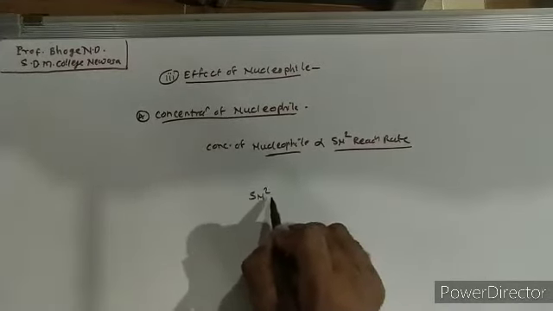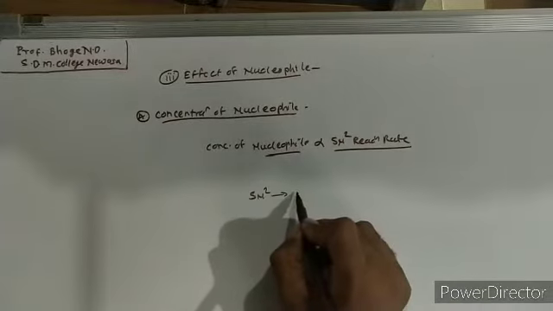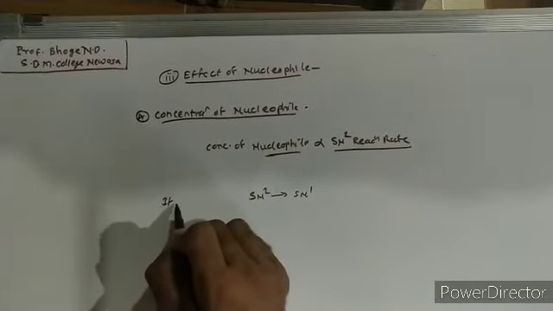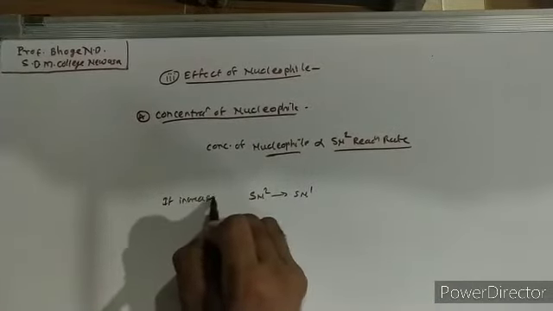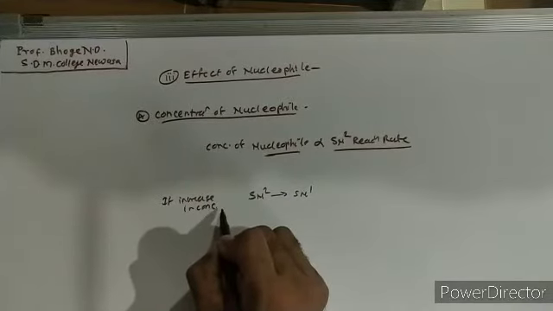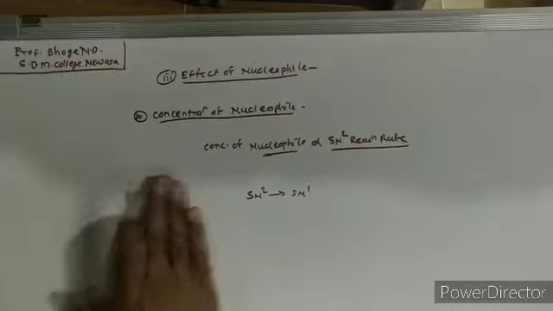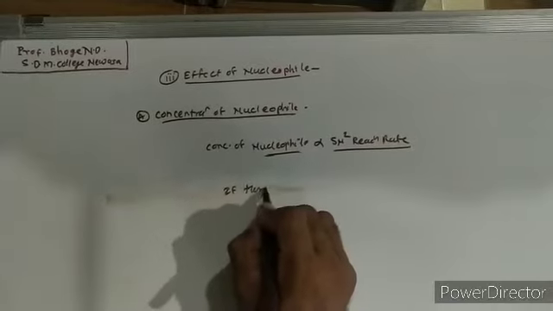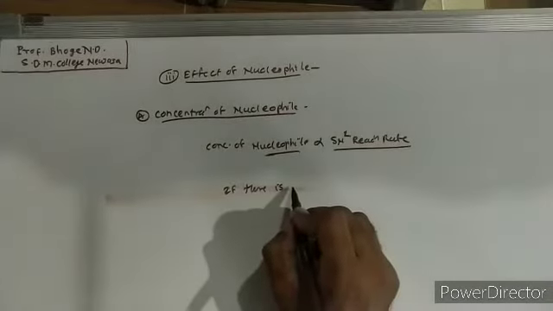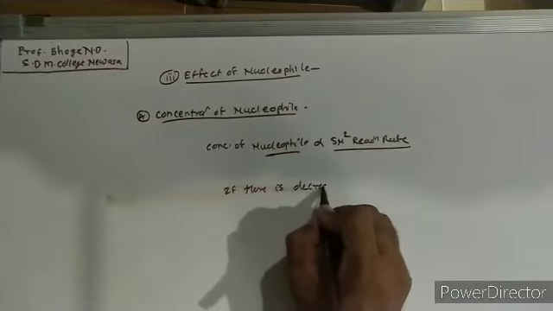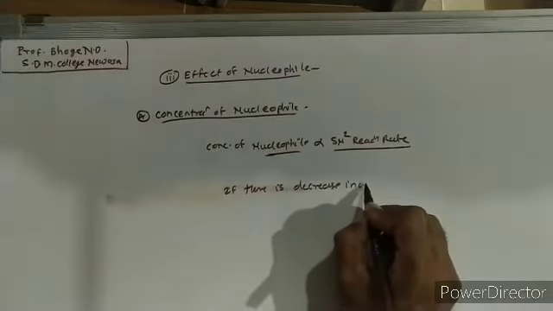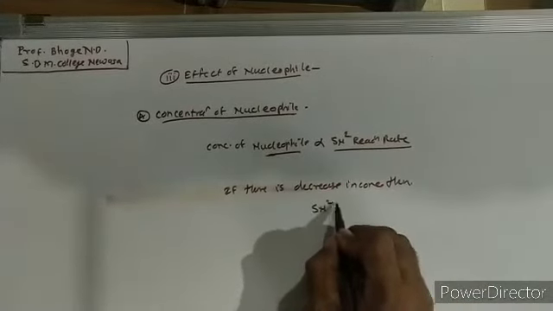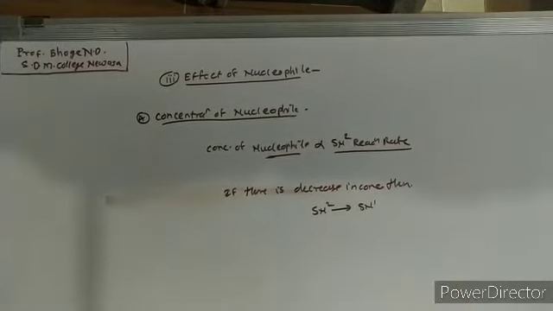If we decrease the concentration, the reaction mechanism shifts from SN2 to SN1.